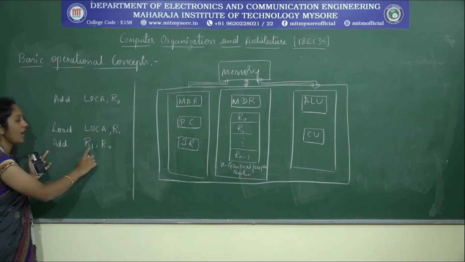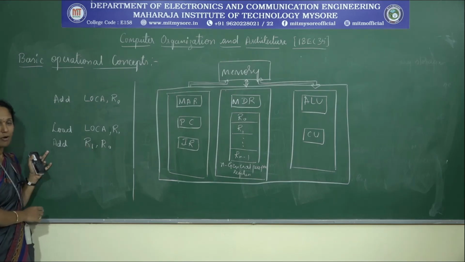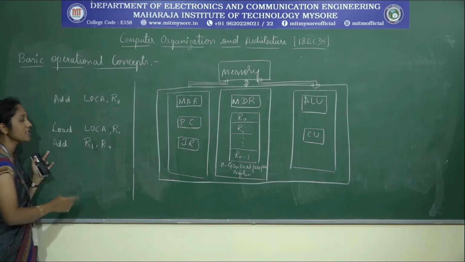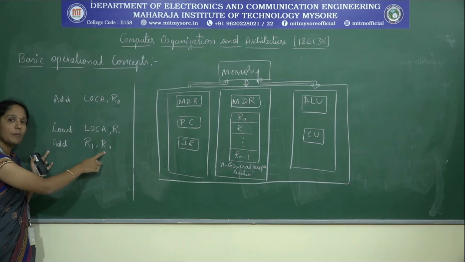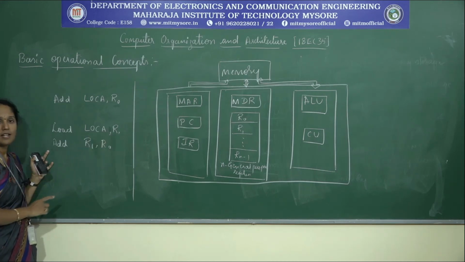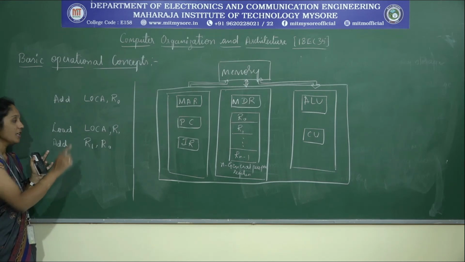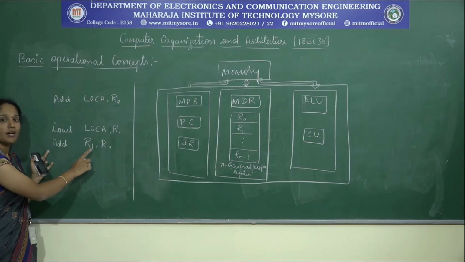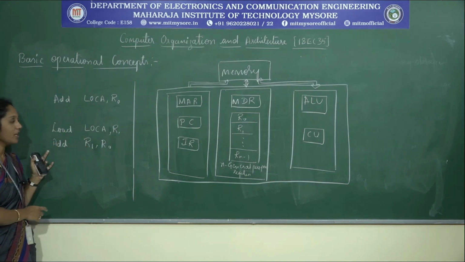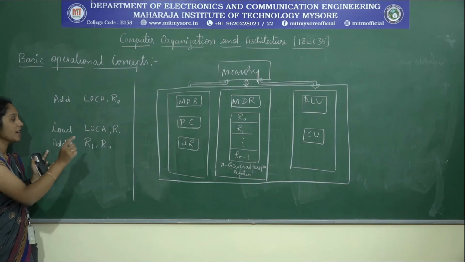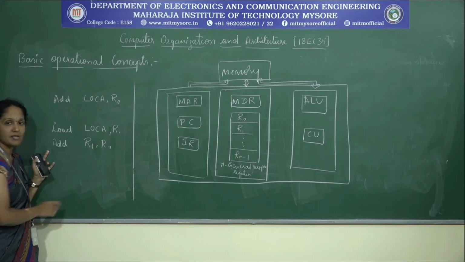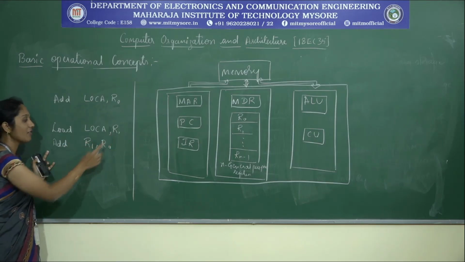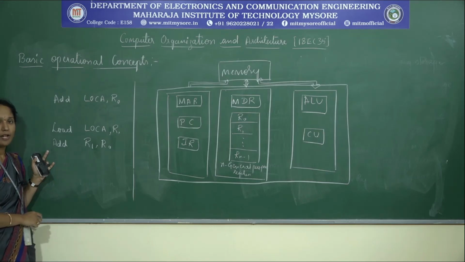Here addition of R1 and R0 will be performed. So here we have two registers. These two registers will be present within the processor itself. Because of this reason, this will produce the result at a higher speed compared to the single instruction. So addition of R0 and R1 will be done, and in this case the contents of LOCA will be preserved, whereas contents of R1 and R0 will be updated according to the instructions.